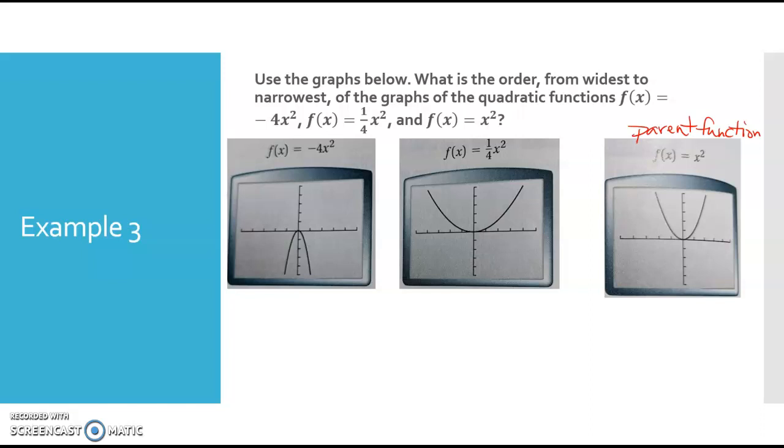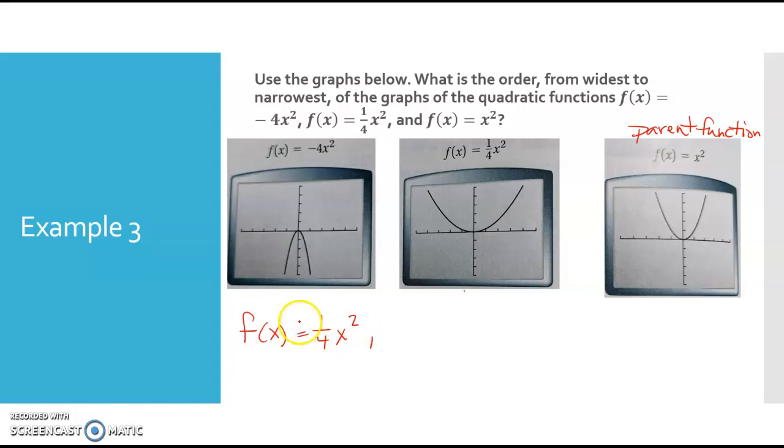So what are things that we noted? Well, it's asking us to order them from widest to narrowest. So if we're looking at this, the widest graph is this one by far, right? It has a wide arc to it. So this would be our widest graph. So that would be f of x equals 1/4 x squared.